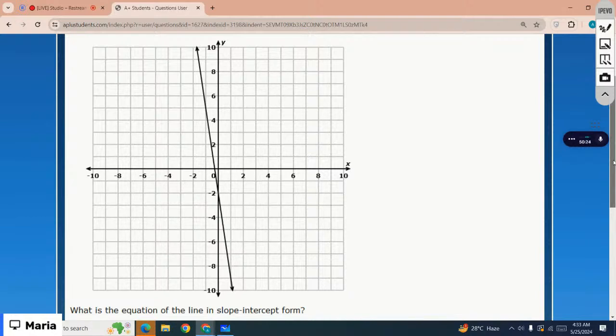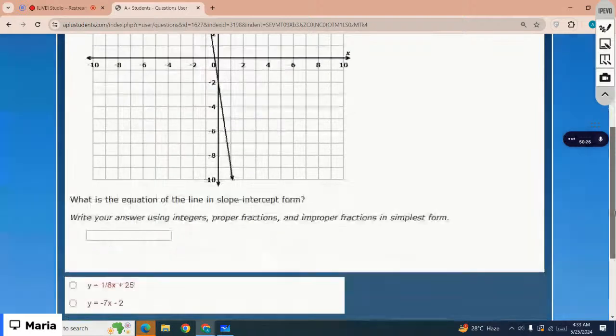The y-intercept is -2, right? And that is y equals -7x minus 2. Option number 2 is the correct option.